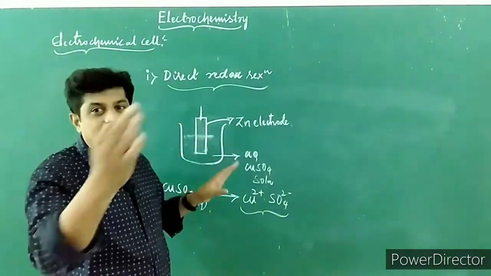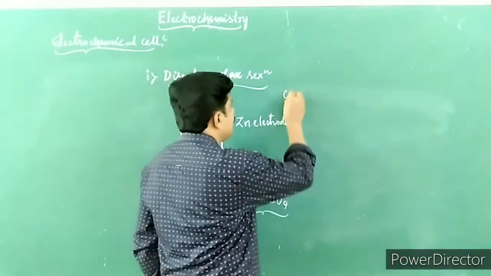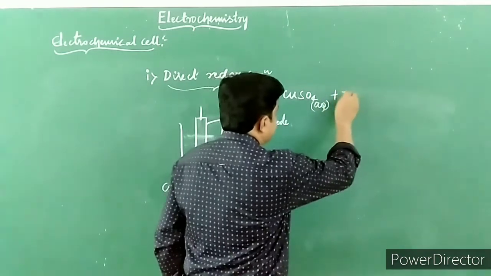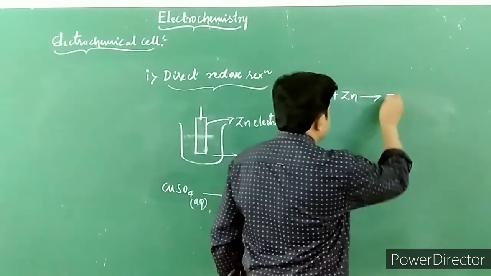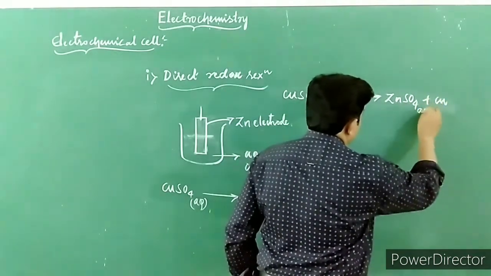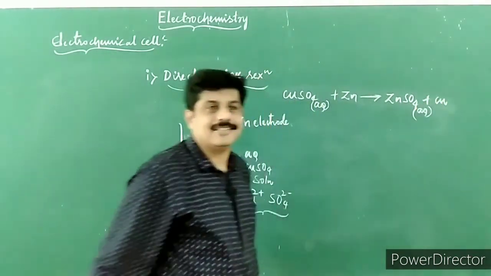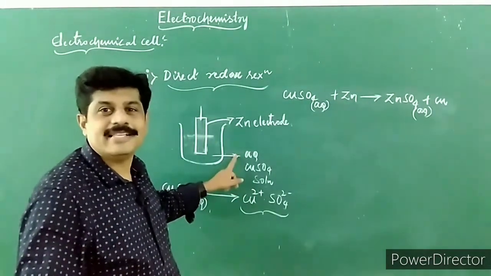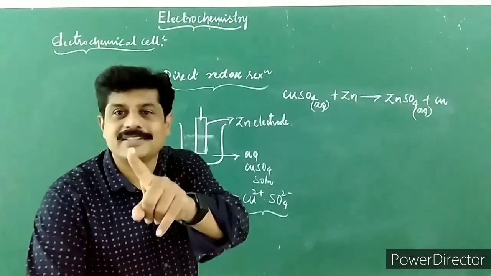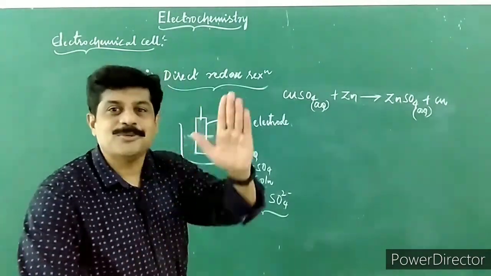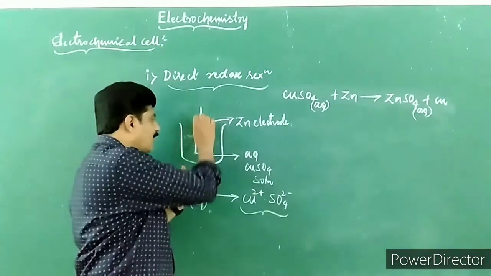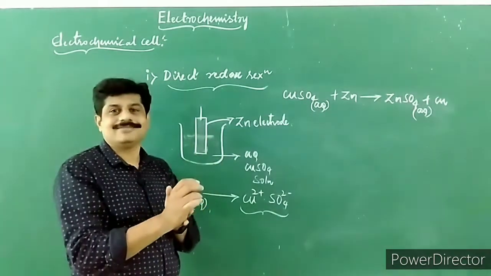If I want to put that in the form of an equation, please look here: CuSO4 (aqueous) reacts with zinc to form ZnSO4 plus Cu. Children, the blue color of the solution disappears because the Cu2+ ions of copper sulfate solution are getting reduced to metallic copper, which is reddish brown in color, and starts depositing on the surface of the zinc rod.